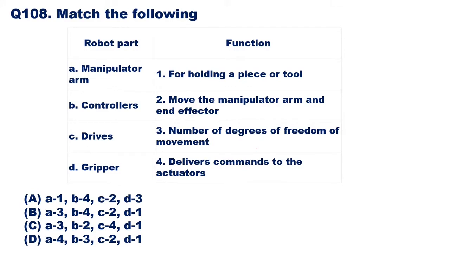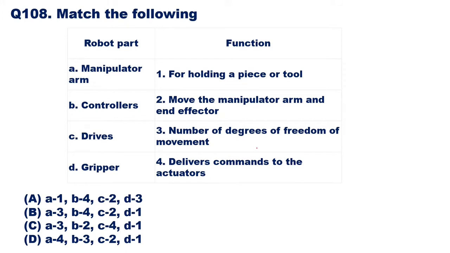Then option B is controllers. From these options, we can have answer 4, delivers commands to the actuators. Then C is drives. From this we can have answer 2, which moves the manipulator arm and the end effector. D is a gripper. So the remaining is answer 1, for holding a piece or tool.